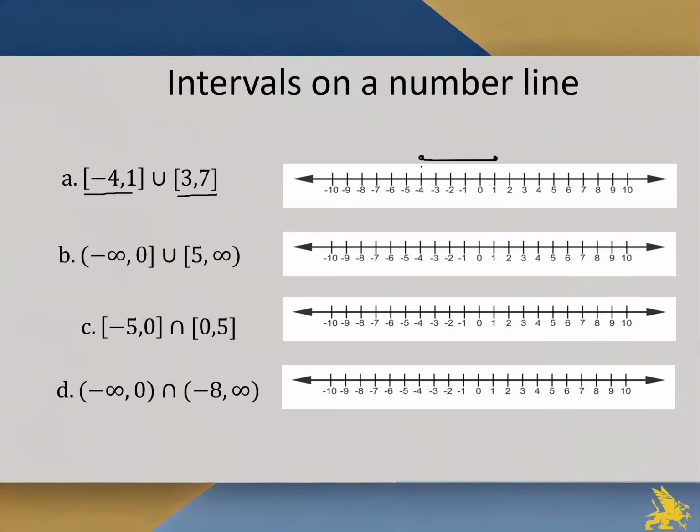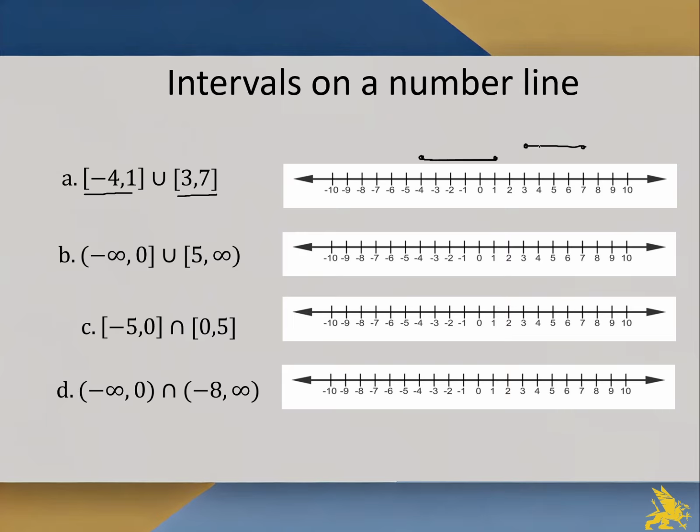So I've colored them in because it can be equal to it. Likewise, I've got 3 and 7. So again, I'm going to draw a circle and color it in. 7, I'll draw another one and color it in. And then I'll draw a line. Because it says union, which is this or that. So I've got everything here.